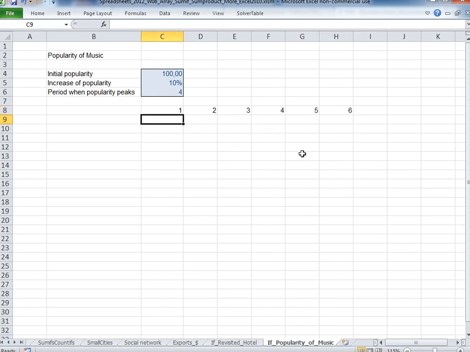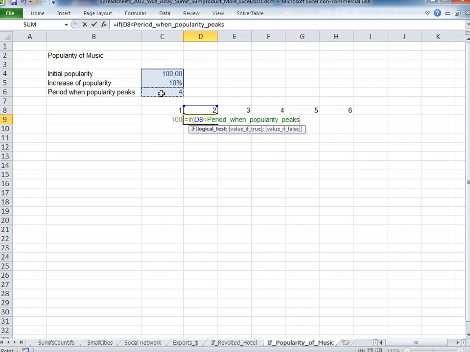We begin by writing equals initial popularity, which is this 100,000. Now to the second cell we write equals IF, parentheses begin. And now we want to know whether the current period number, and here it is, D8 is the period number, is less than the number at which the popularity peaks.